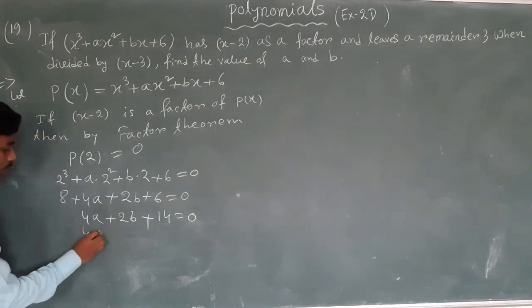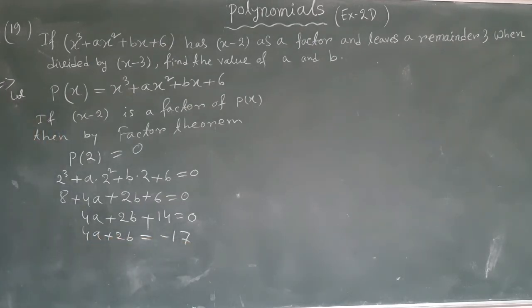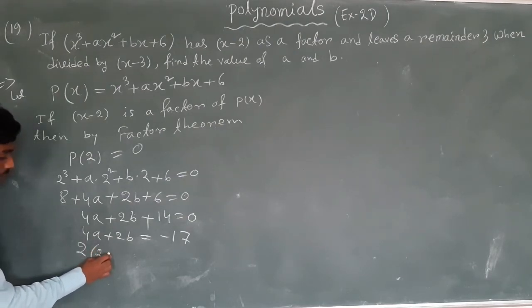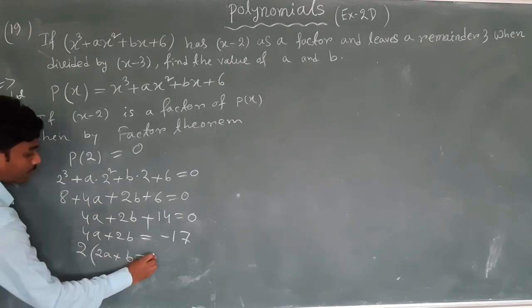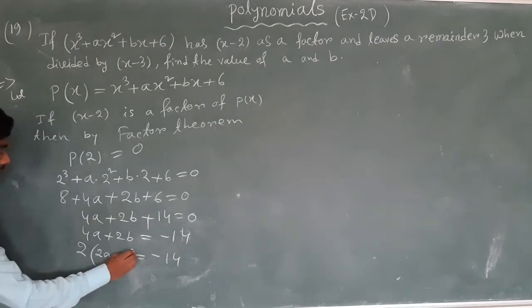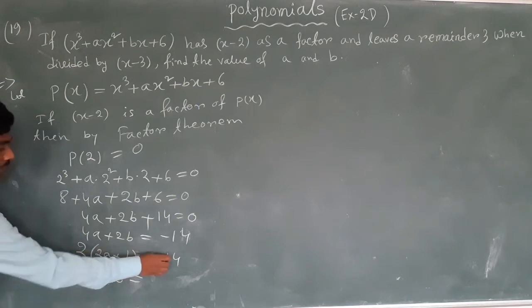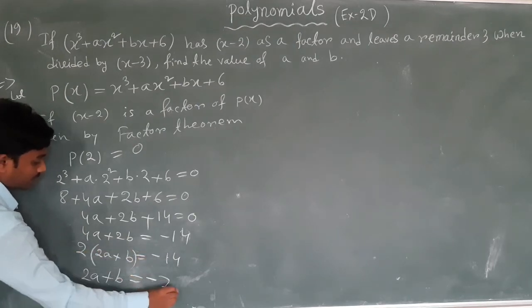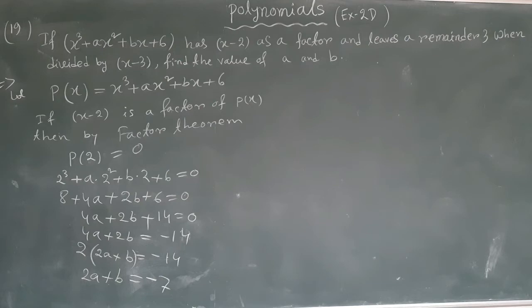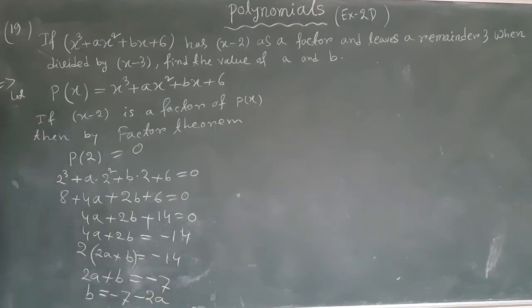So 4a plus 2b is equal to minus 14. 2 taken common, 2a plus b is equal to minus 7. So b equal to minus 7 minus 2a.